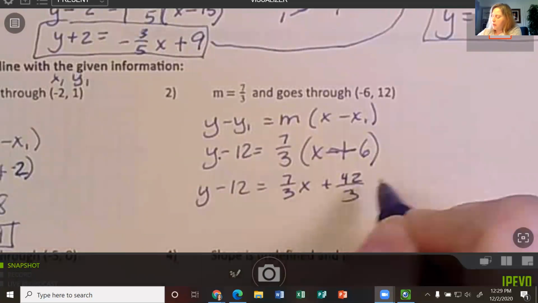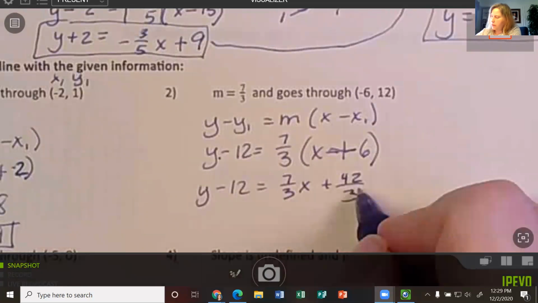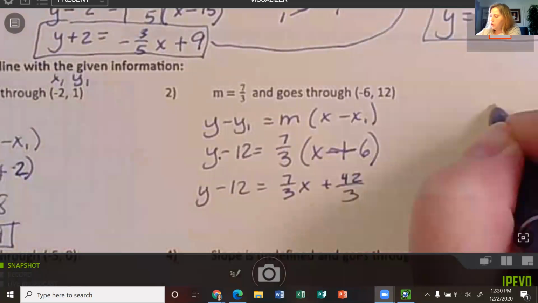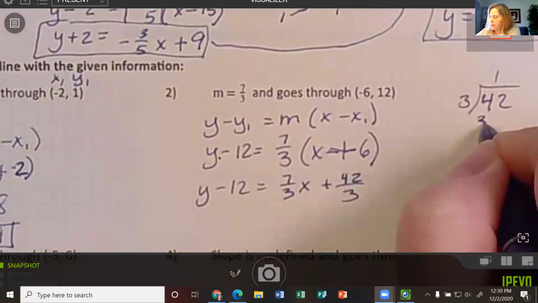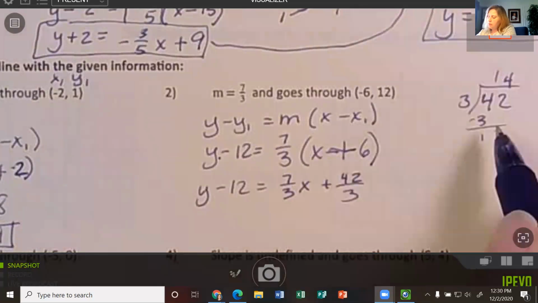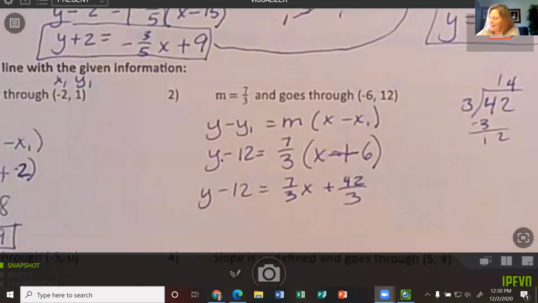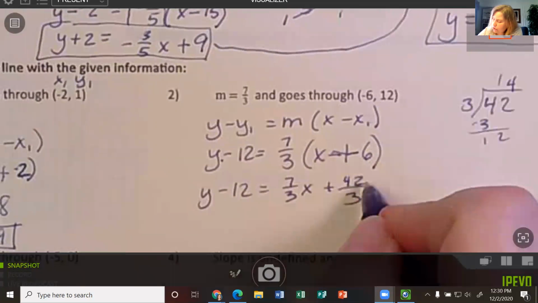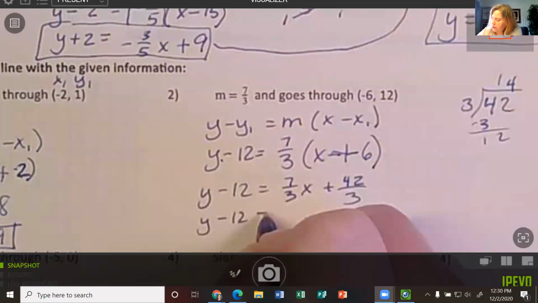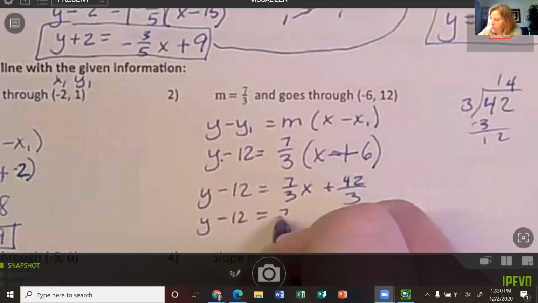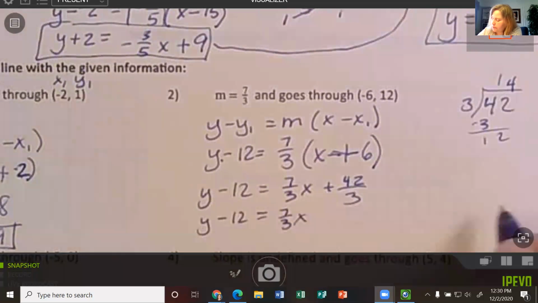Okay. And then 42/3, what is that? 3, 12, it's 14. Okay, so that's 14. And I should have known that in my head, but that's okay. Y minus 12 equals 7/3 x plus 14.